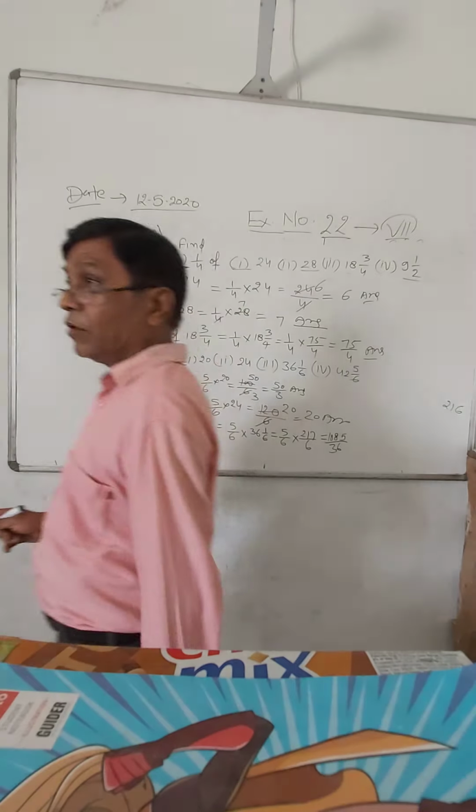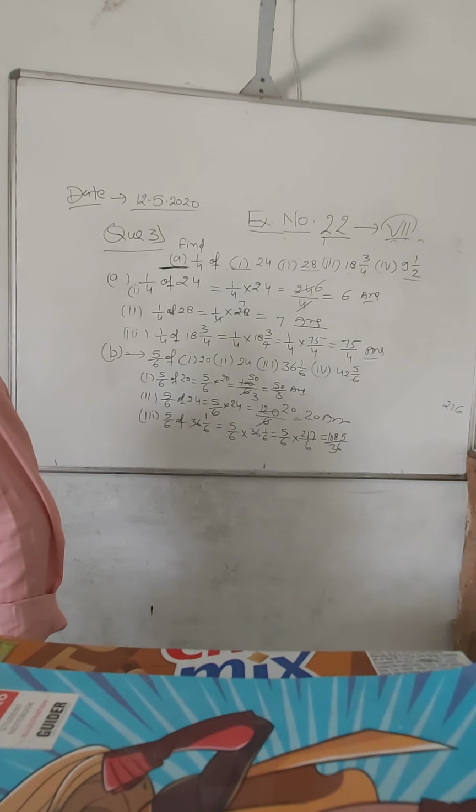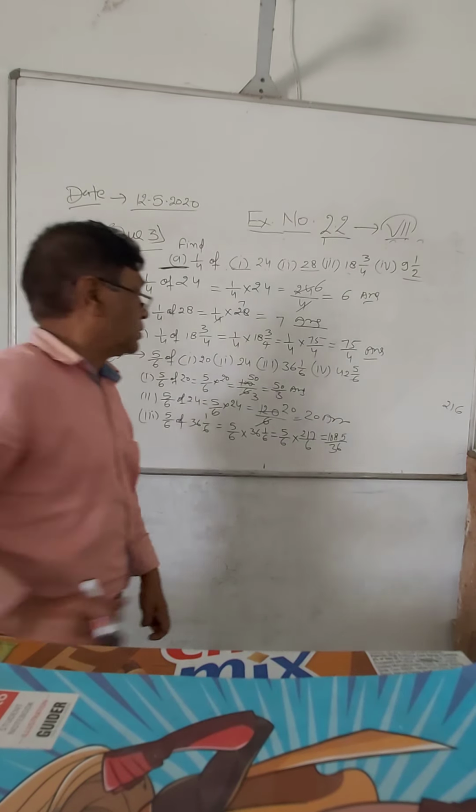It has become 1085 upon 36, and after that you can convert it. This is the third B, 1085 upon 36. This is the answer.